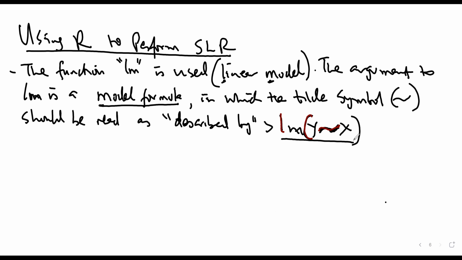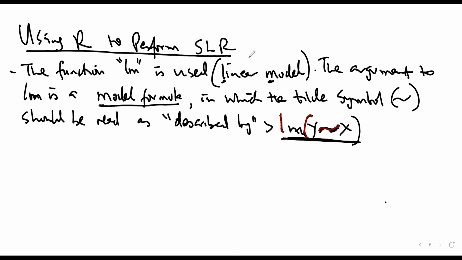You can assign this function a name, maybe my fit. Then you can be calling that name to extract different types of output. I'll be showing that much more practically.